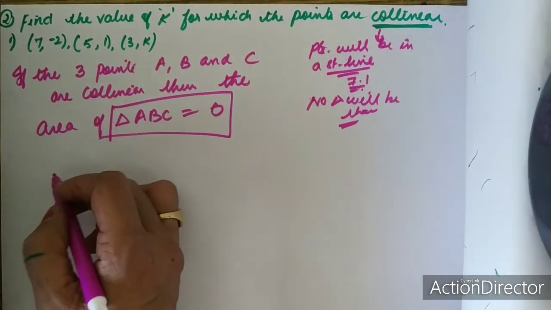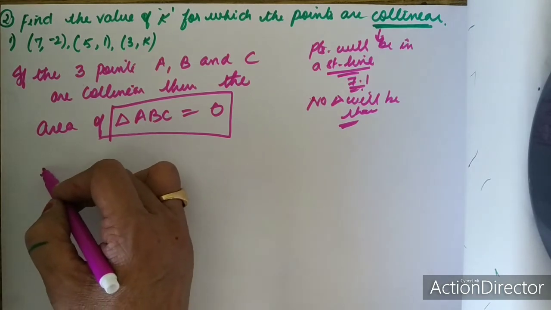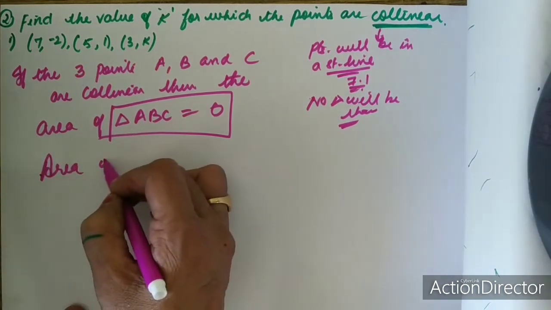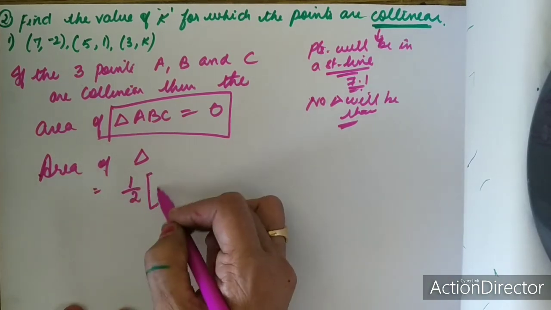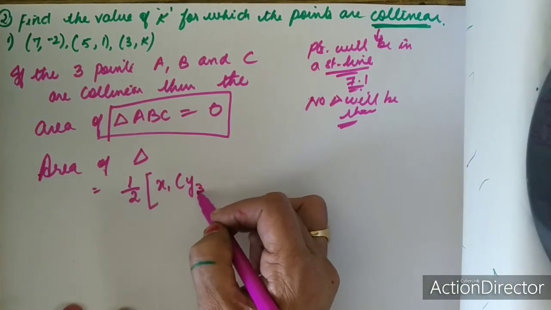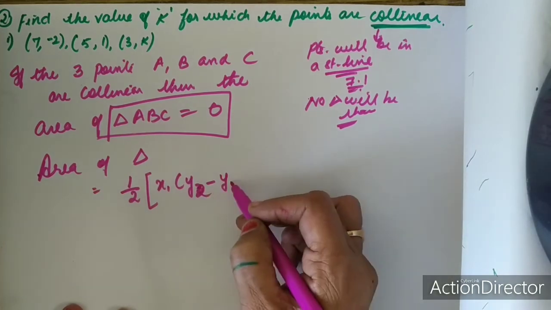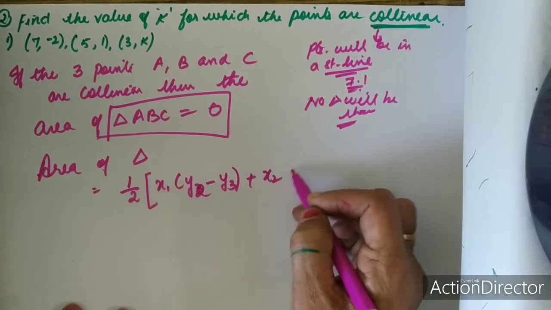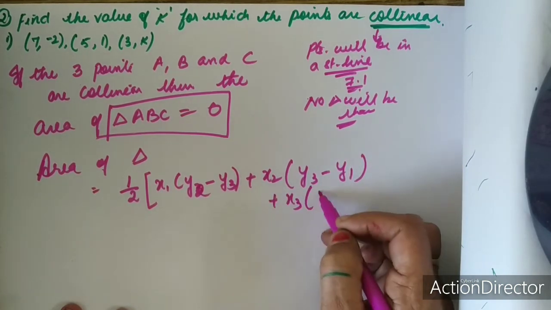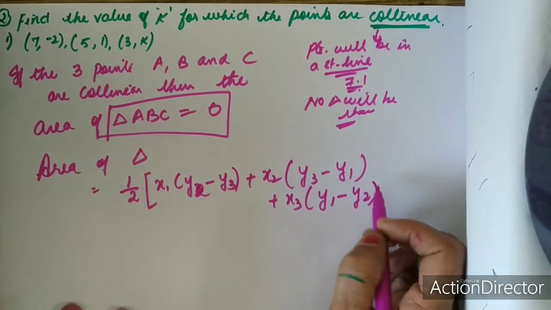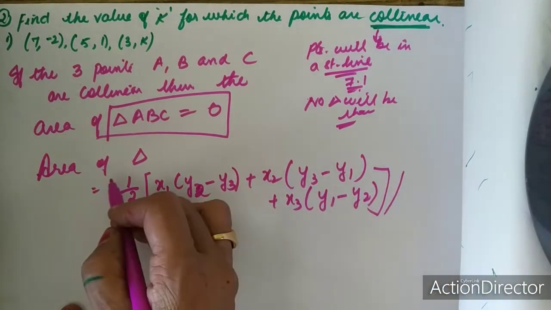So you have to write the formula first. What is area of triangle? Area of triangle is equal to half into x1 into y2 minus y3 plus x2 into y3 minus y1 plus x3 into y1 minus y2. Put the modulus over here.